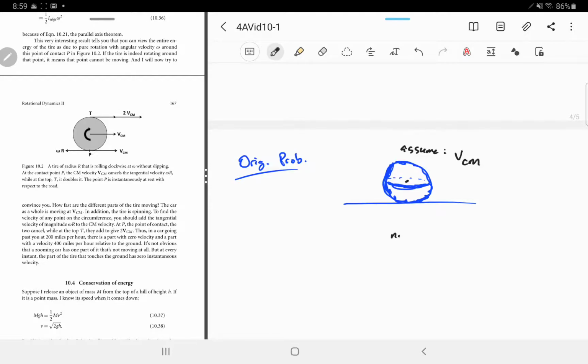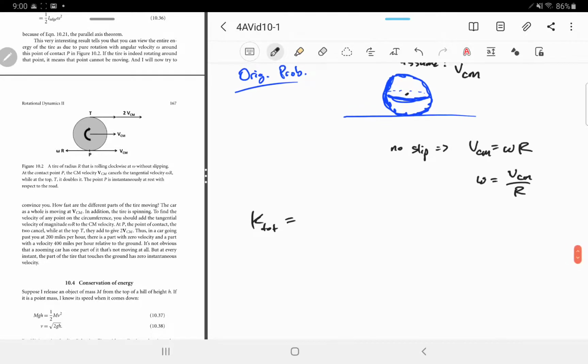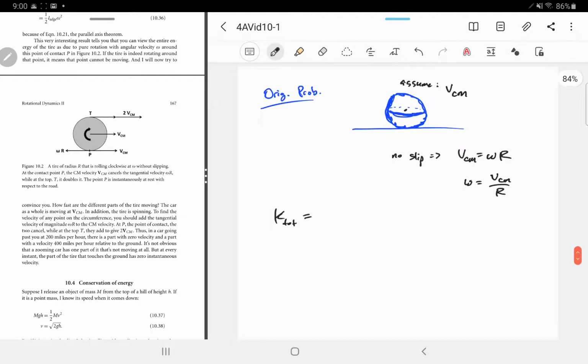Because it's not slipping, the no-slip condition tells us that VCM is also equal to omega r. So if we have an omega, we can replace it with VCM over r. The total kinetic energy we learned before is a sum of the translational kinetic energy and the rotational kinetic energy.